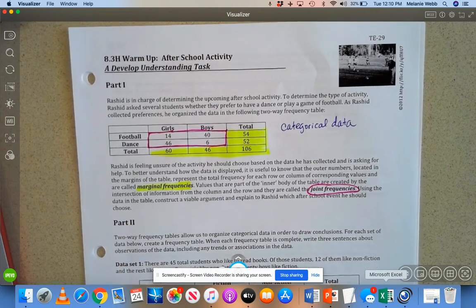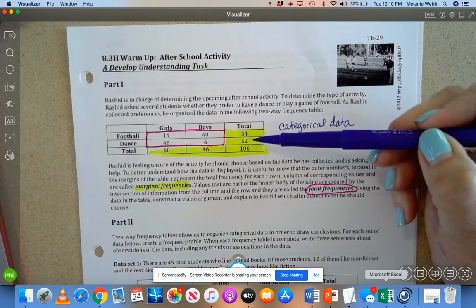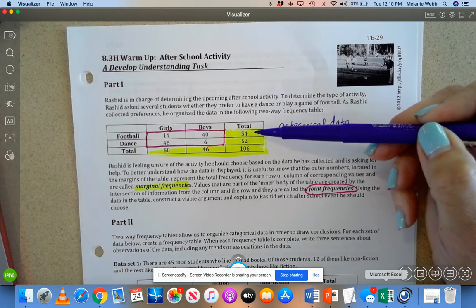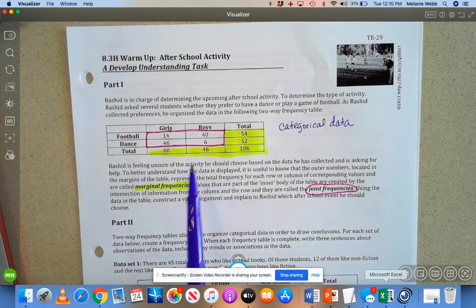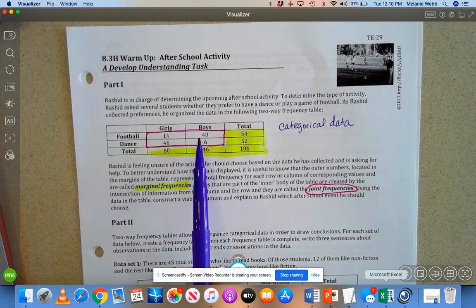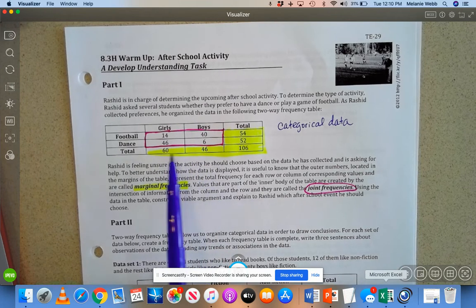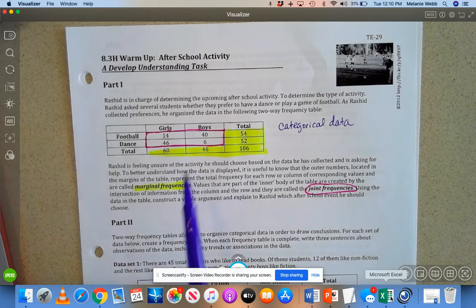So when you look at the data, it looks like more people voted for football than dance, but very close, right? Just two more people. And then if you look at boys, they definitely preferred football to the dance, and girls definitely preferred the dance to playing football. But notice that there were fewer boys surveyed than girls. I thought that was kind of interesting.